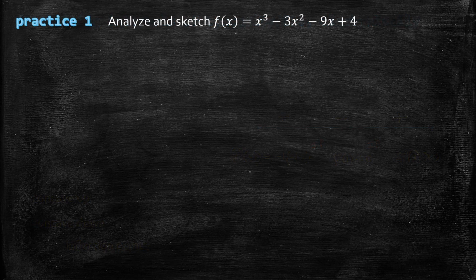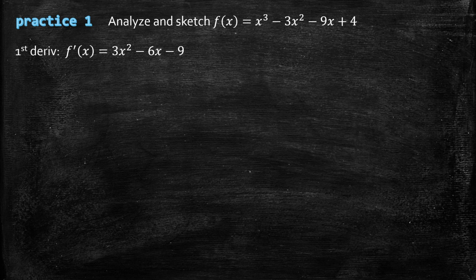So for our first practice example, we're going to revisit a function that was investigated in the video called The Shapes of Curves and the First Derivative. So I'll do a quick review of what we analyzed there using the first derivative. So first derivative would be this, and then we had to look for the critical values.